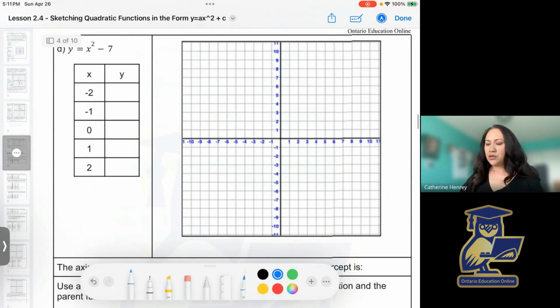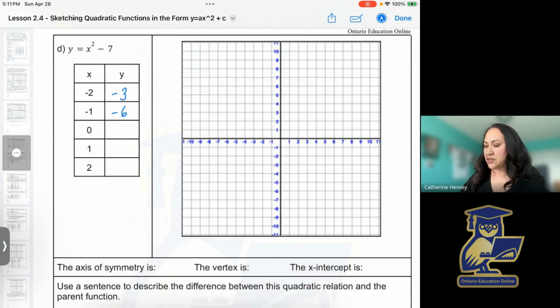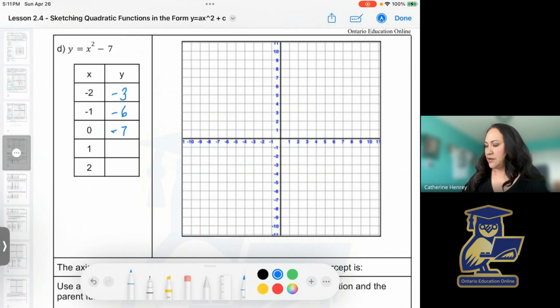So if we use a table of values with this again, you can go ahead and do some of the substitution yourself. But when you do that, I'm going to fill in the numbers for you. You're going to get -3, -6, -7, -6, and -3.